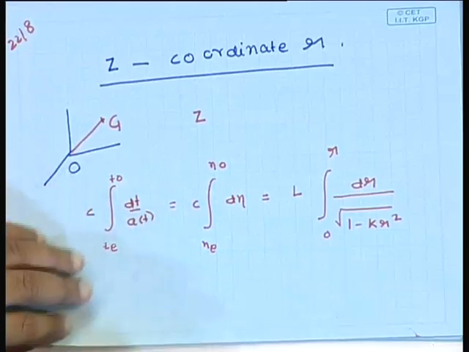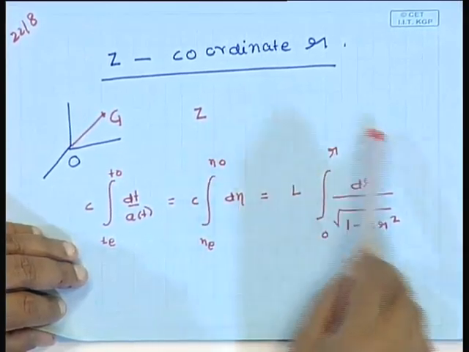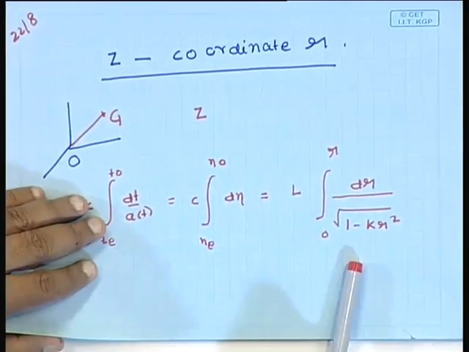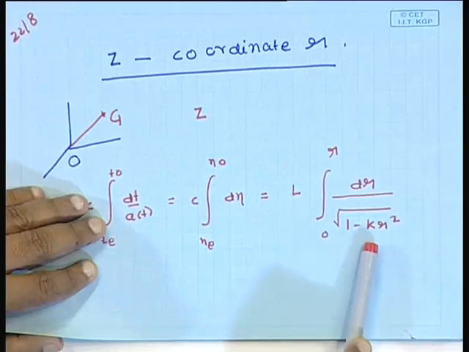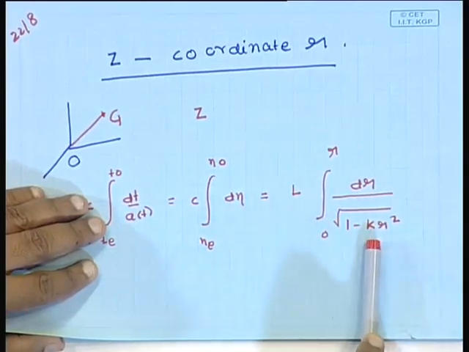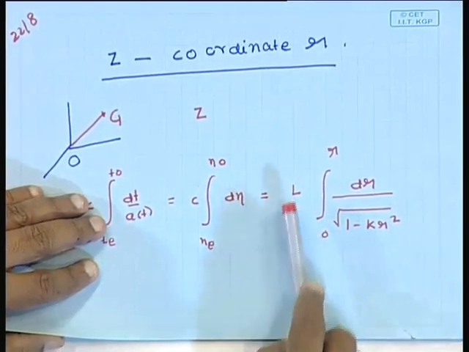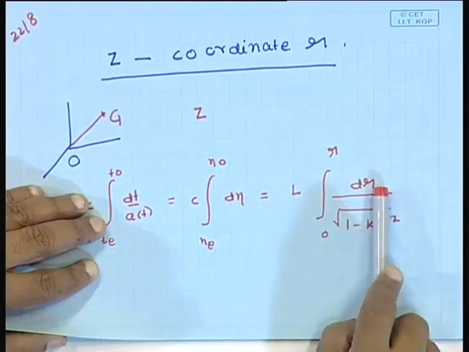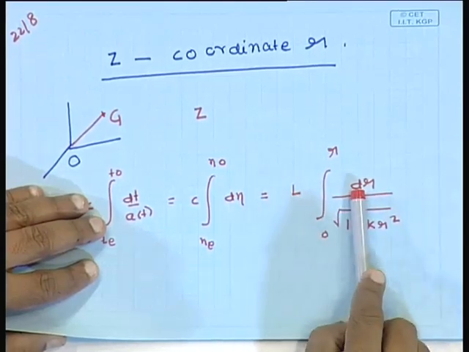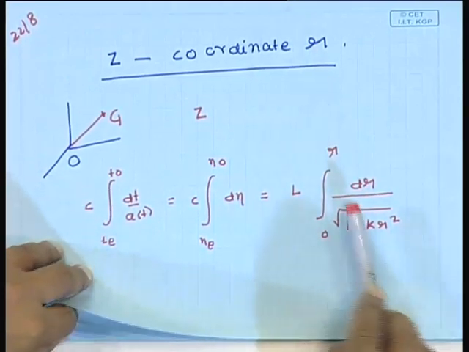This integral over here will depend on the value of k. Let us first consider the situation where k is 0. I have already told you that in the situation where k is 0, I can absorb this L into the coordinate.